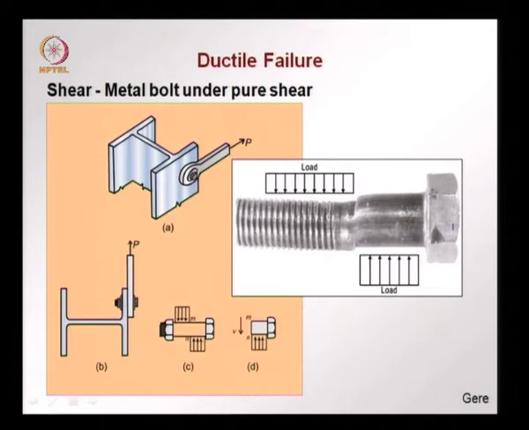If we take the case of a bolt that is holding together the flange of an I section and say a tie, suppose we have this tie pulling on this bolt and the bolt transferring the load to the flange of this I section, we have this force now pulling, and this is transferred as shear stress to the bolt.